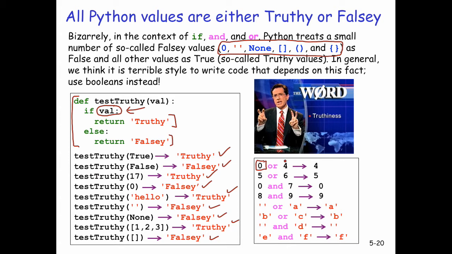So if the right operand is false, it returns that, but if it's truthy, it returns that. So in fact, what we get here is it returns a 4. If the first value of an or is truthy, that gets returned immediately.